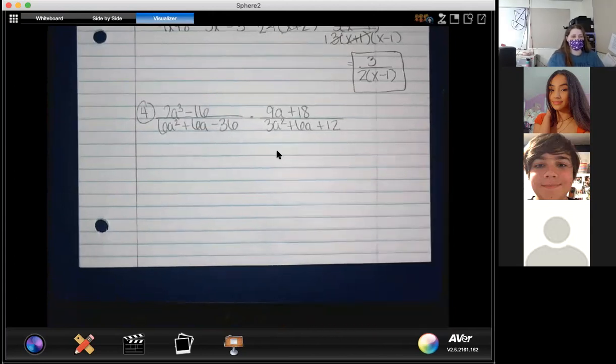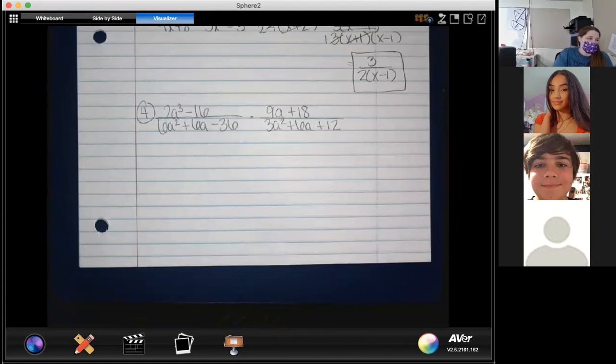Go ahead and start trying to factor that one out. Again, you have to remember your factoring skills. If you're struggling with those, we said last week they were in unit 2.4, 2.5.